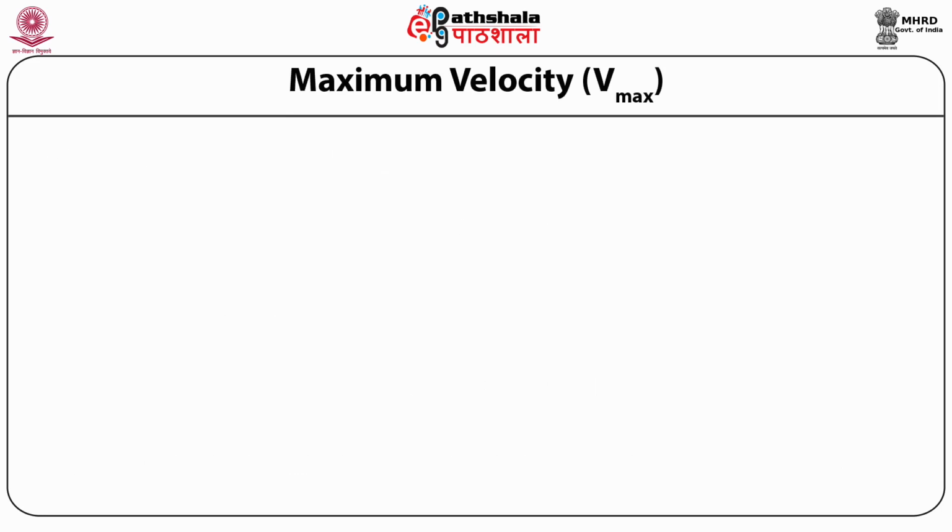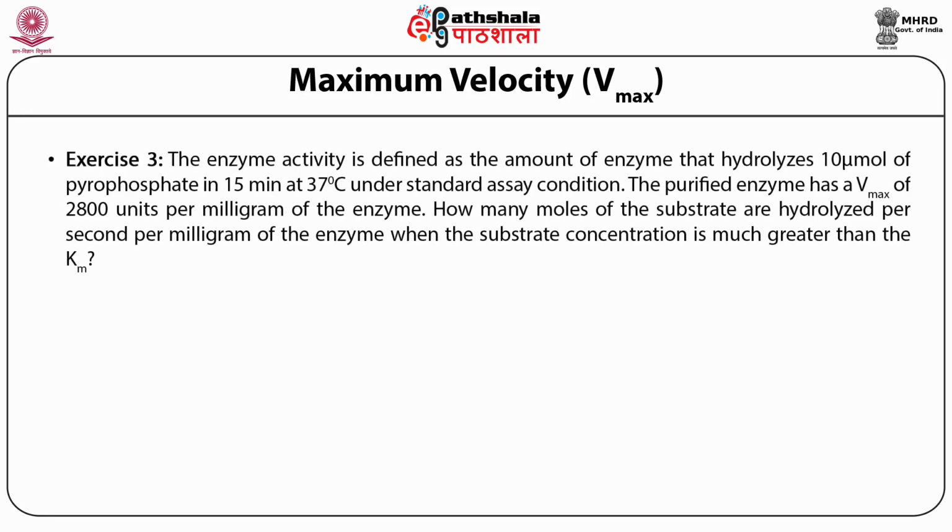We have a question here which asks how we are going to calculate the Vmax of a reaction. Enzyme activity is defined as the amount of enzyme that hydrolyzes 10 micromoles of pyrophosphate in 15 minutes at 37 degrees centigrade under standard assay conditions.